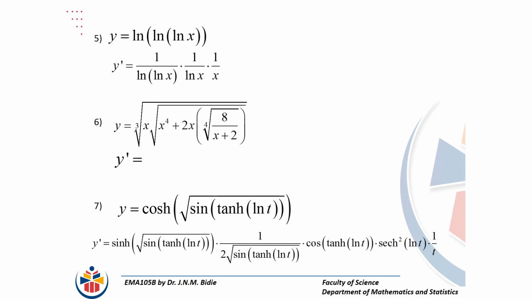And then we take down the argument of cosh as it is, multiplied by the derivative of the square root, which we know is 1 over 2 square root of that argument as it is, multiplied by the derivative of this argument. We start with sine, which gives us cos, and the argument of sine was tan of ln t, multiplied by the derivative of tan, which is sec squared, and the argument was ln t, and then at the end you have 1 over t. You're multiplying the derivatives from left to right.